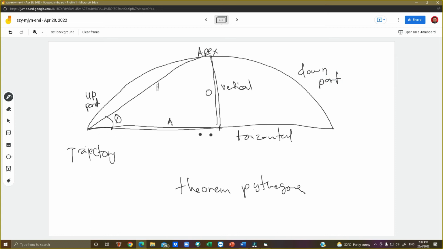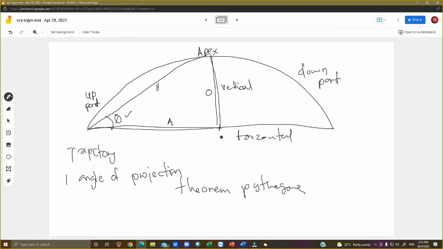We can analyze the horizontal, we may analyze the vertical, we may analyze what happened at the apex, and we also analyze what happened at the up and down part. Projectile. Okay, and there are 3 factors determining the range of the projectile. The first one is the angle of projection.